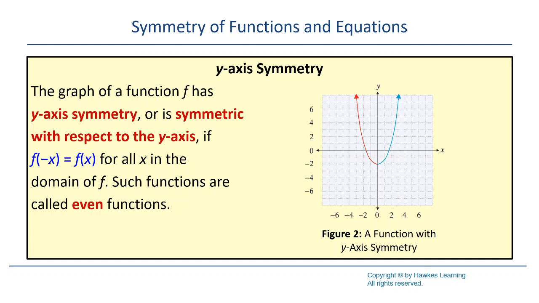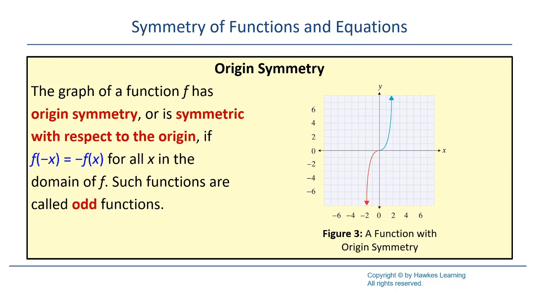So it doesn't matter if you plug in like -1 or 1, -3 or 3, you still get the same value. Those are even functions. Origin symmetry, this one's a little weird, is that if I did f of -x, that's the same as if I did negative f of x.